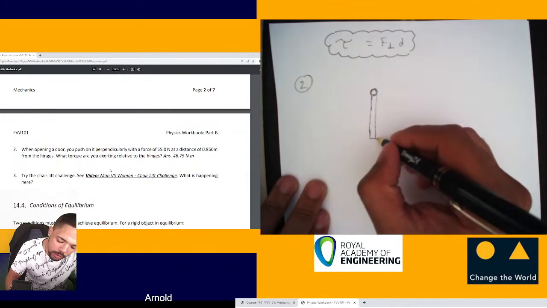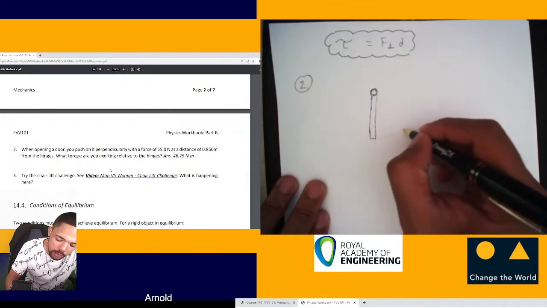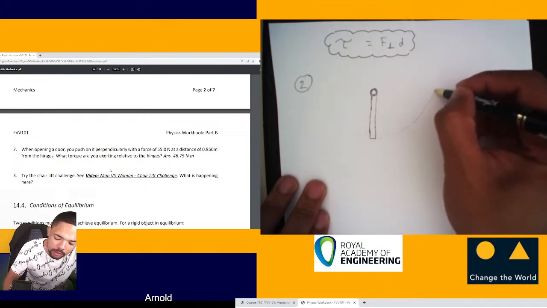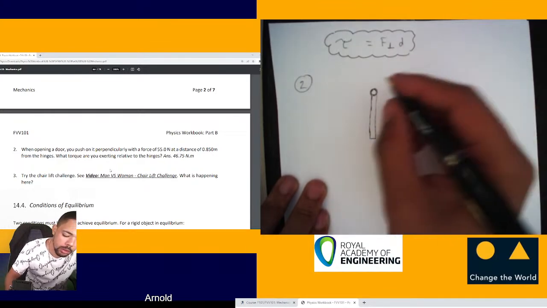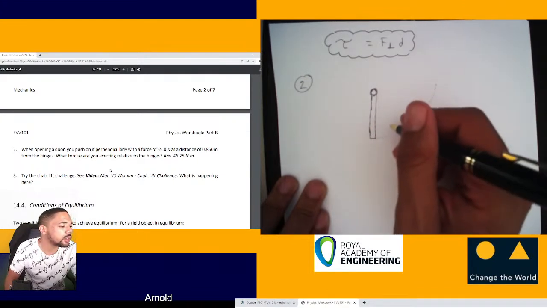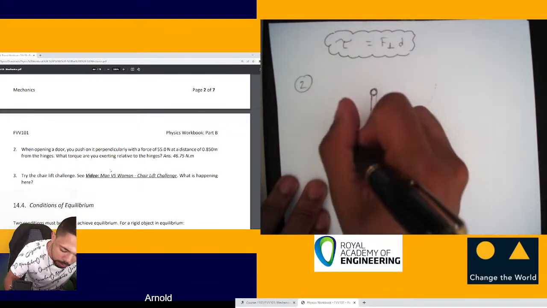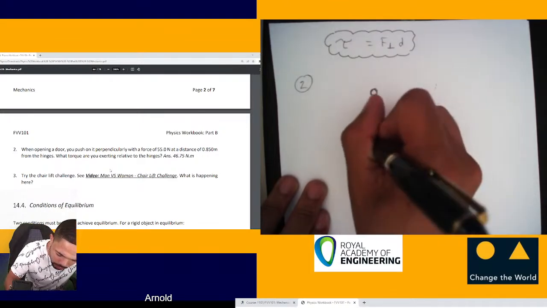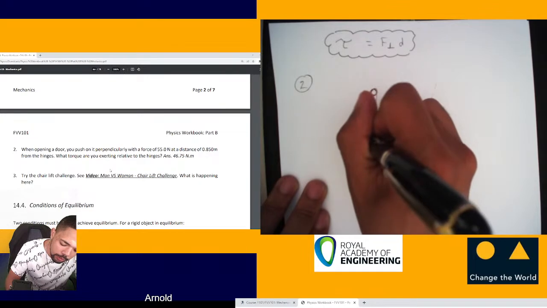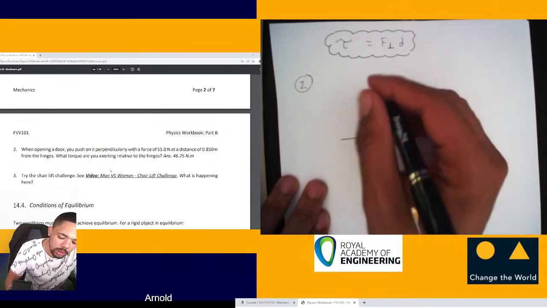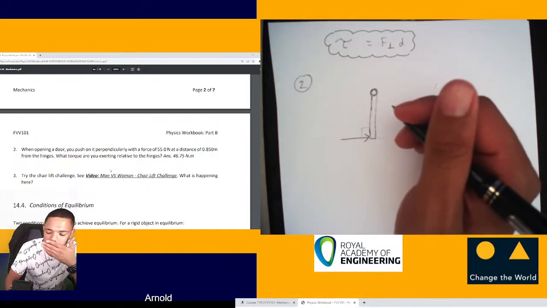You open this door this way, like that. So you open this door in that direction. Now they say when opening a door you push on it perpendicular. So the angle that the force makes with the door is perpendicular, 90 degrees.